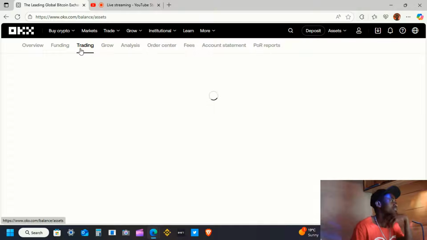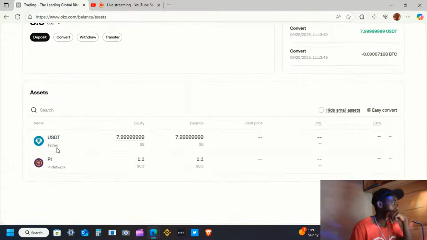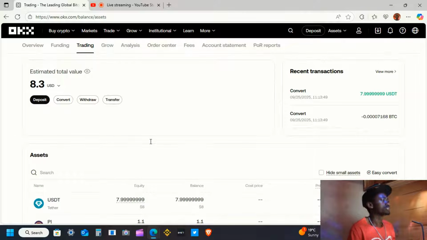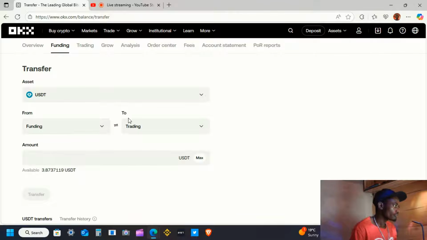Trading account, how many do I have? I have 8.3. So I need to transfer from trading to futures, because this is the trading asset I got. So I need to transfer it from trading to futures. Funding to trading, let me see.